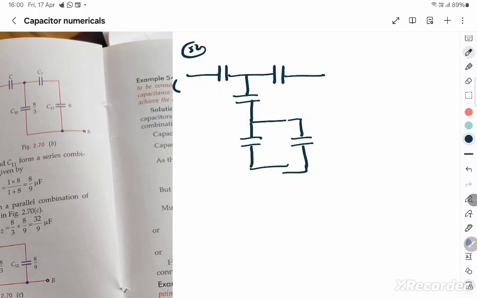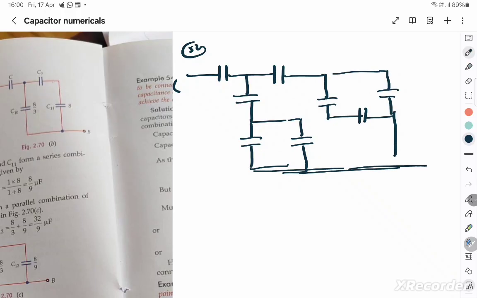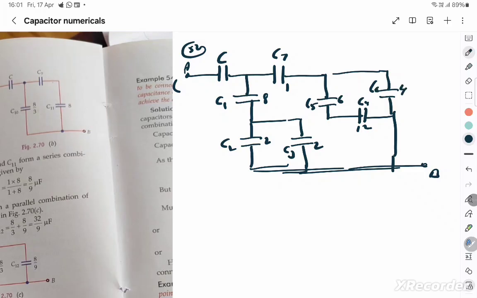So you have a C1, and you have a capacitor like this, and another capacitor like this, and a capacitor like this, and the circuit comes like this, and this is your B, and this is the point A. C1 is 8, C2 is 2, C3 is 2, C7 is 1, C5 is 6, C4 is 12, and C6 is 4.